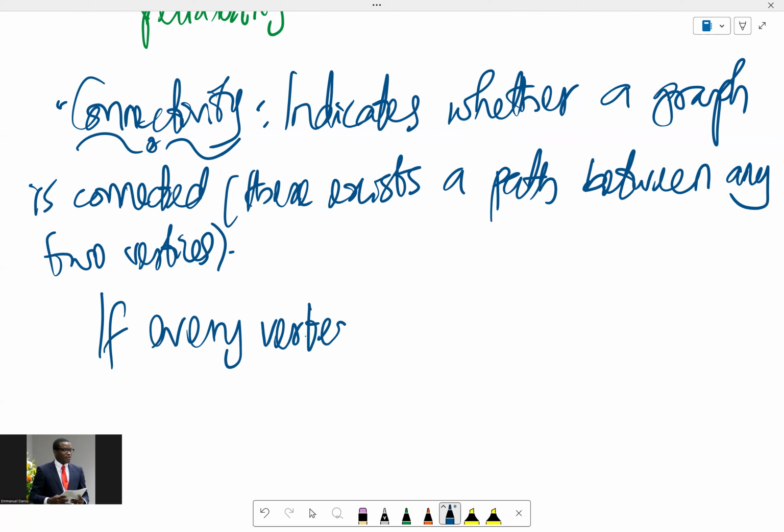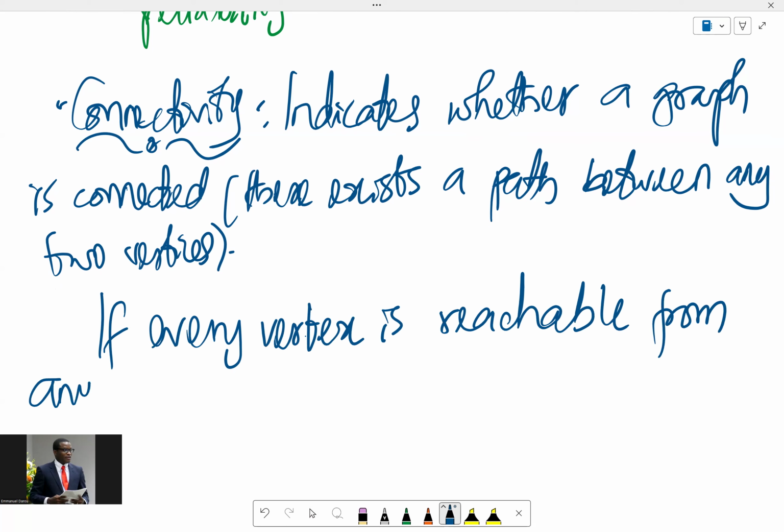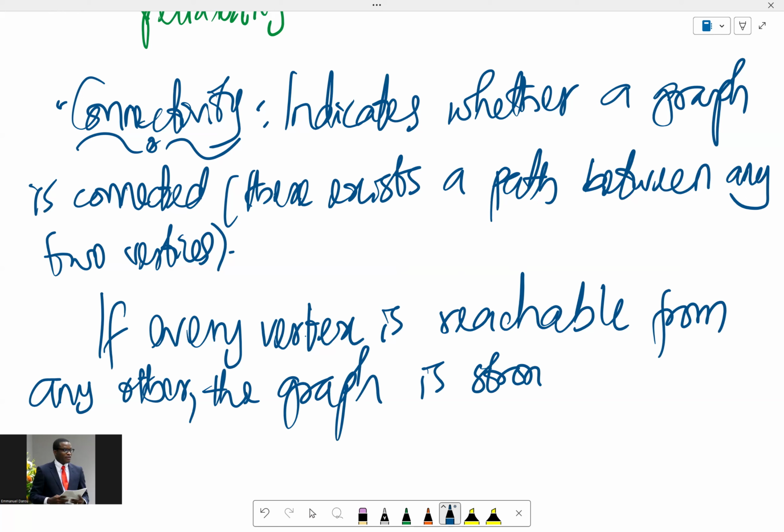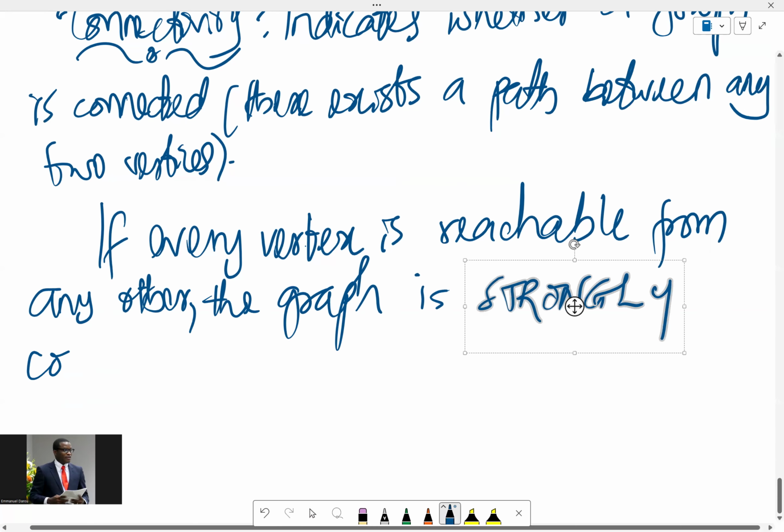If every vertex is reachable from any other, you say the graph is strongly connected.